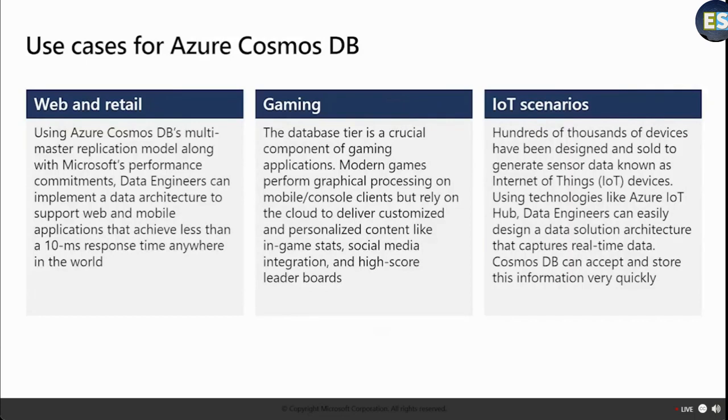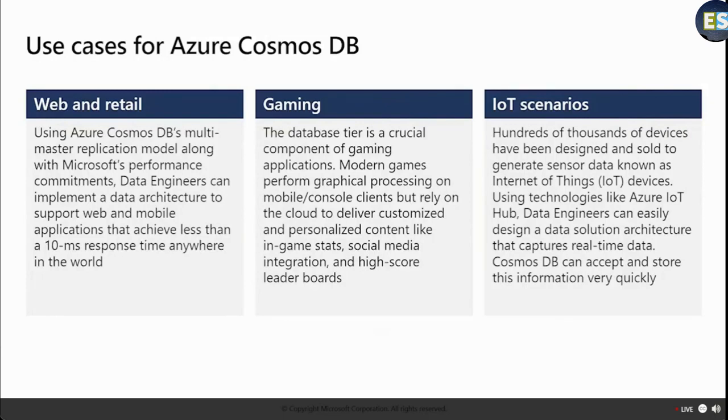Games often require single-millisecond latencies for reads and writes to provide an engaging in-game experience. So a game database needs to be very fast, and it needs to be able to handle massive spikes in request rates, especially during new game launches or new feature launches and updates.